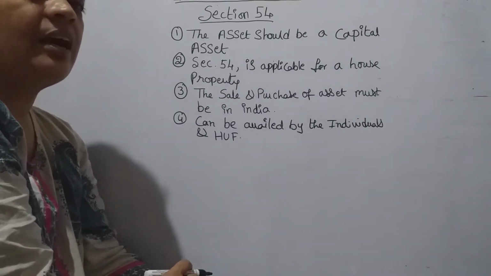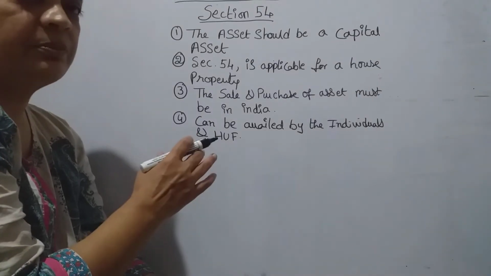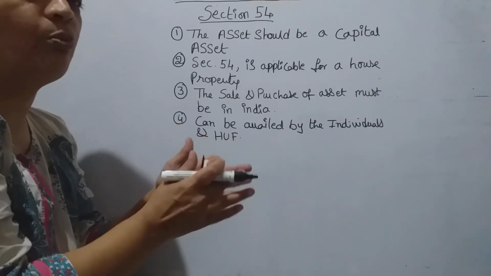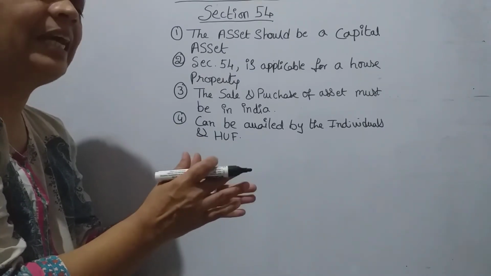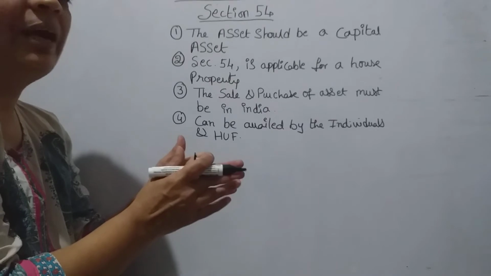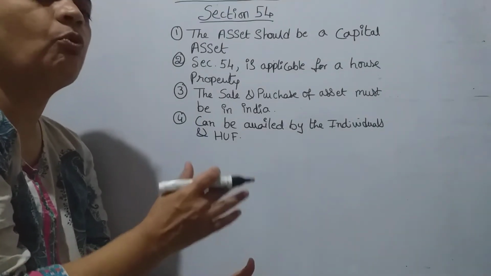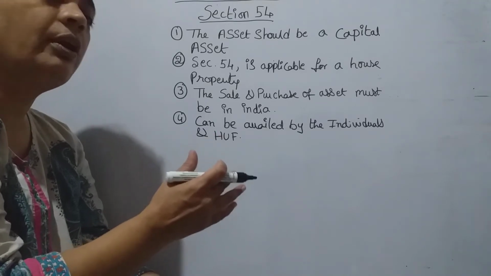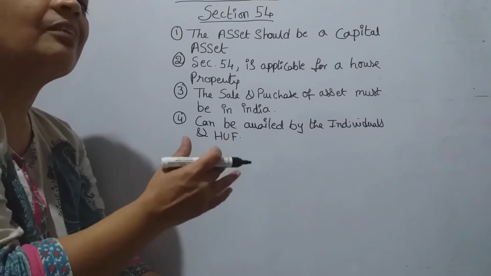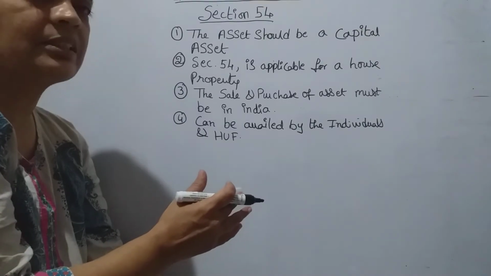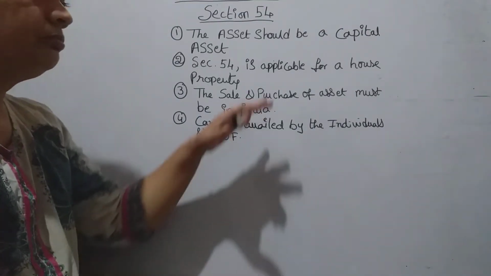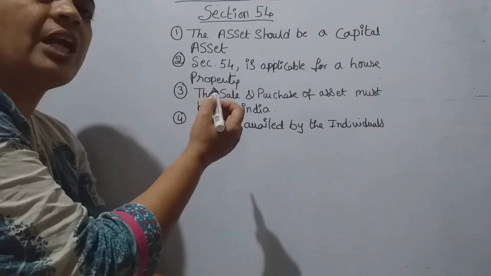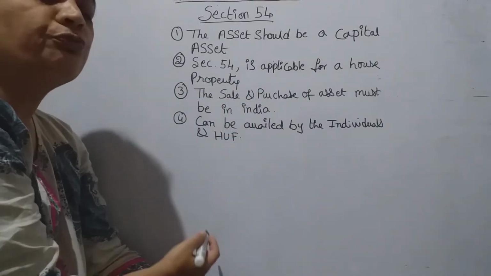Capital asset has a specific definition: generally it is immovable, tangible or intangible, but its life is more than 1 year. An asset whose life is more than 1 year is called a capital asset.